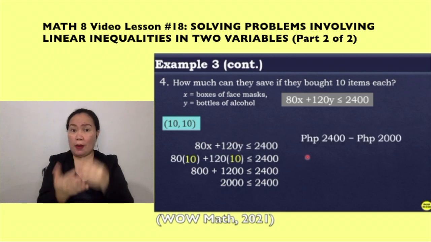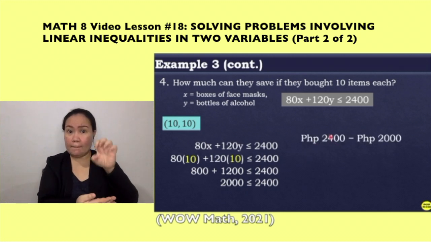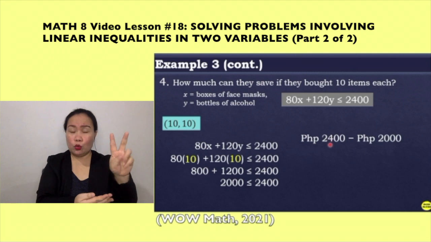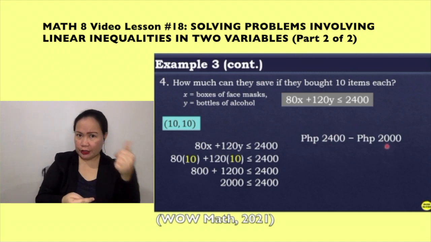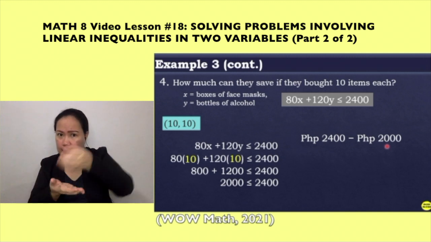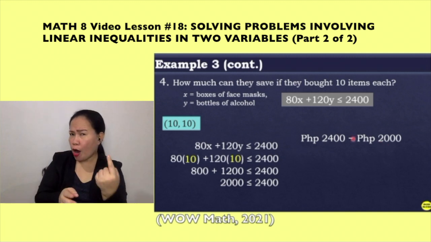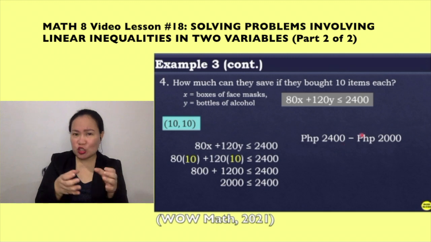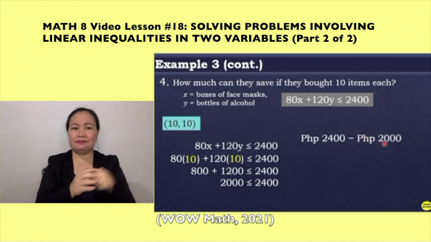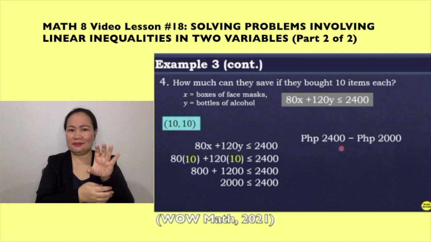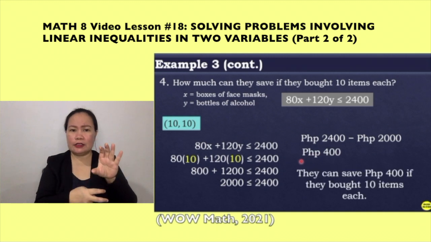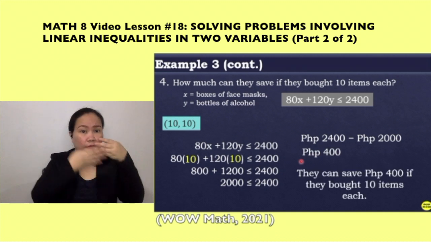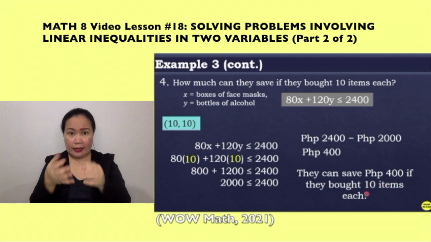Yes, ima-minus natin yung budget nila na 2,400 doon sa 2,000 na nagastos nila kung bibili sila ng tig 10 items bawat isa. Okay? Now, so 2,400 pesos minus 2,000 pesos, yung kanilang expenses. Ito yung budget. So, may maiiwan pa na 400 pesos. So, therefore, they can save 400 pesos if they bought 10 items each.